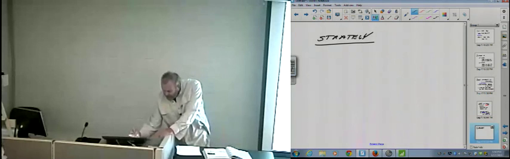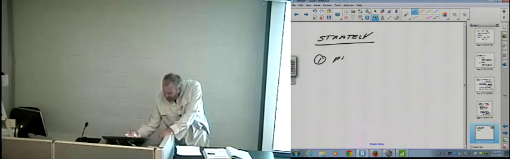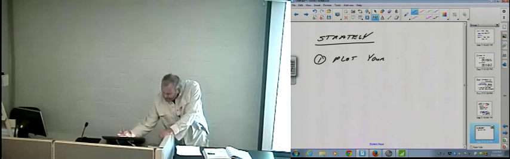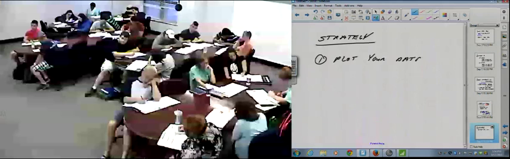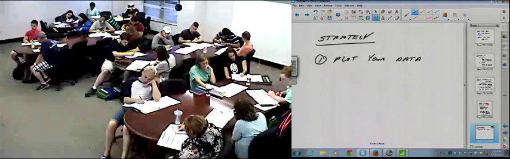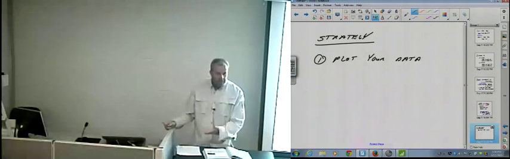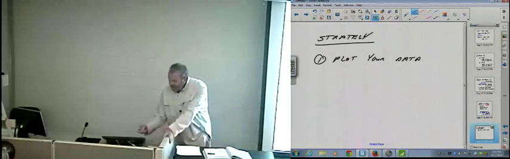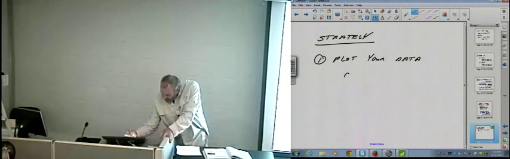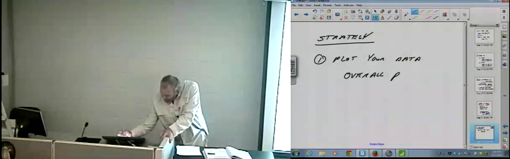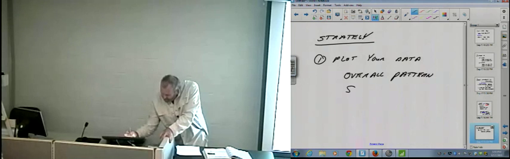So the first part of the strategy is plot your data. That's the way everything works out in this book. Now, I didn't give you the graph yet, but I'm going to in a moment. And then, what are you going to look for? You're going to look for an overall pattern, and striking deviations.